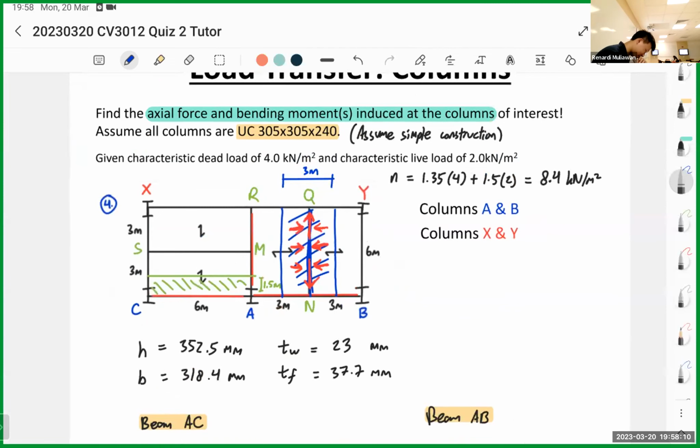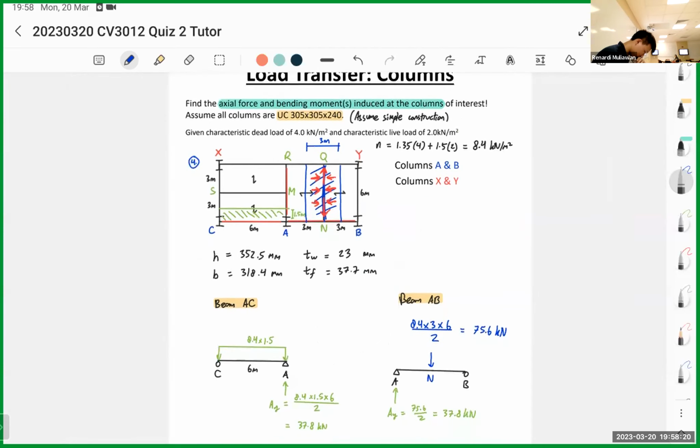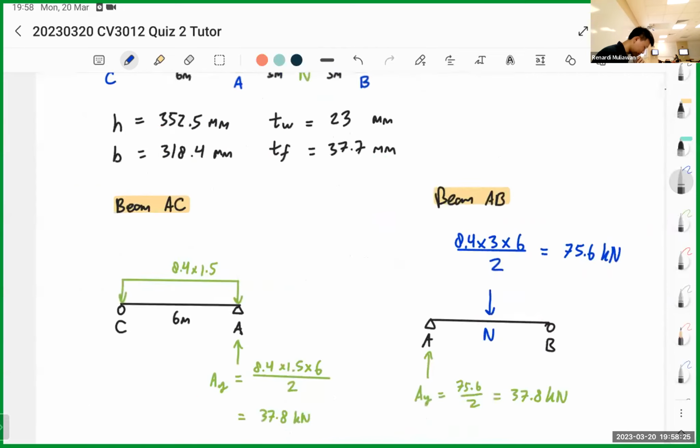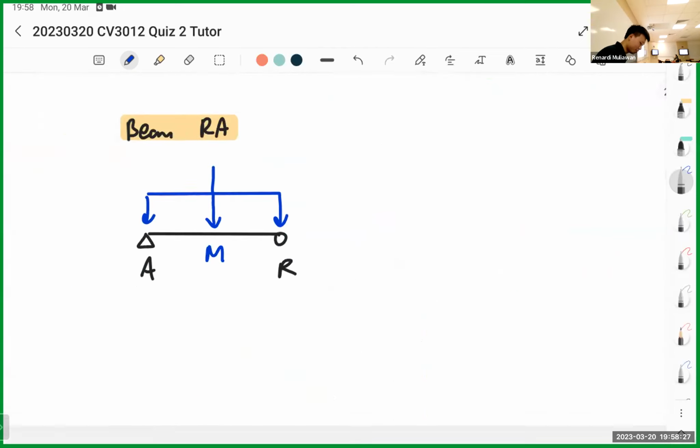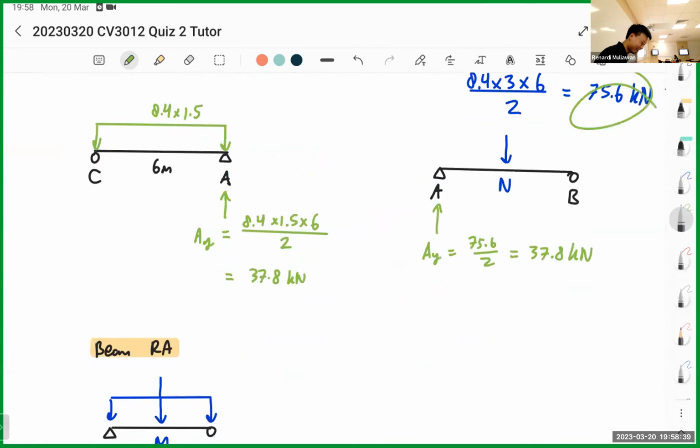It's supposed to be 75.6. I think it's 2 times 3, 37.8. This one you try to confirm, but it's supposed to be 37.8 times 2. What's that? Oh yeah, 75.6.